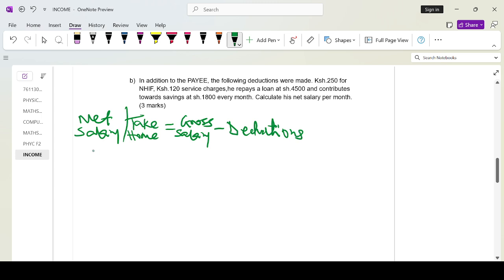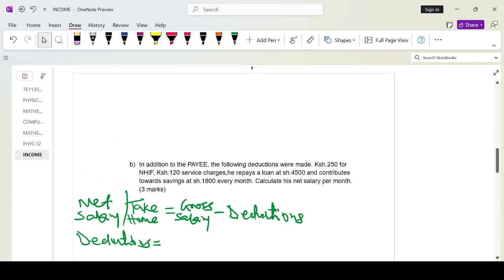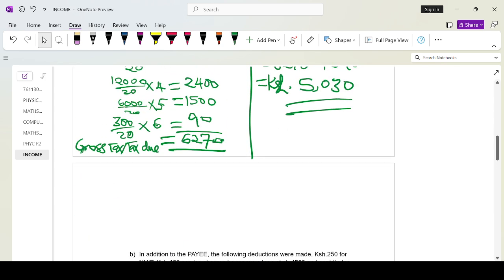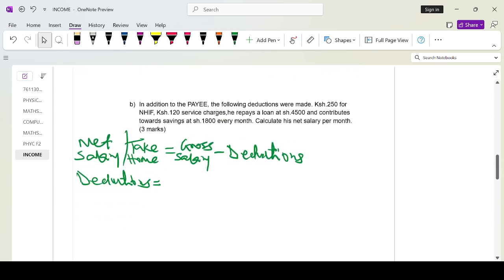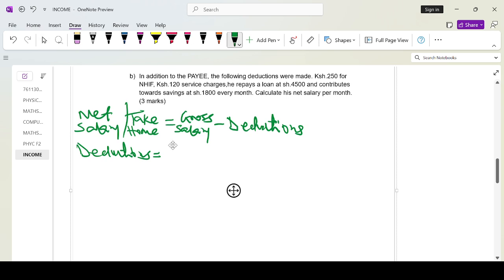So, first of all, let's get the deductions. The first deduction is the tax you are paying to the government, which is our PAYE, which we got as 5,030. So that is our first deduction because you're giving it to the government.